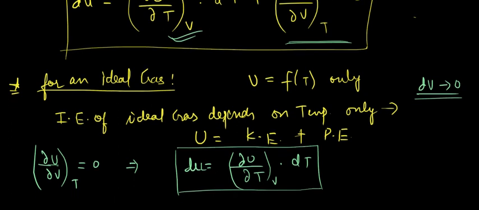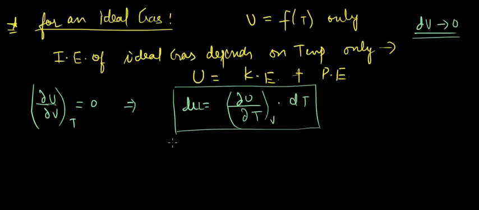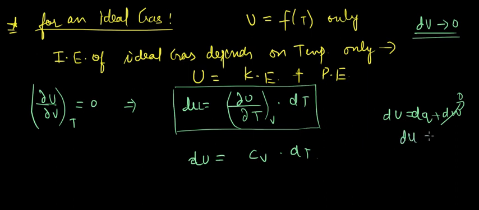We know that del u upon del T at constant volume can be written as Cv, because we already know that at constant volume dw is 0, so du can be written as dq, and du can then be written as Cv dT.